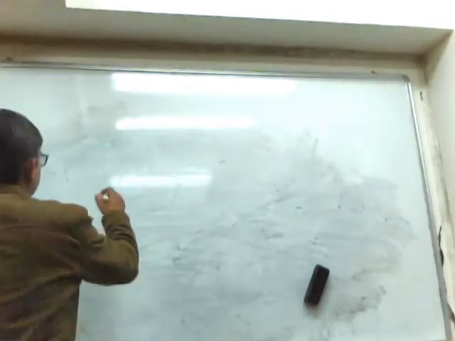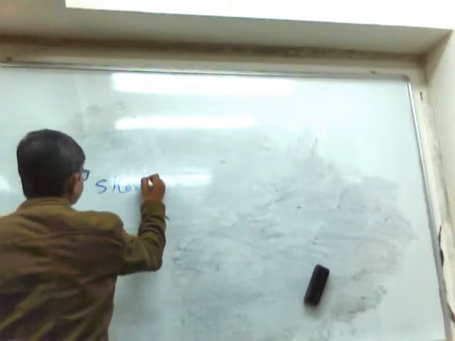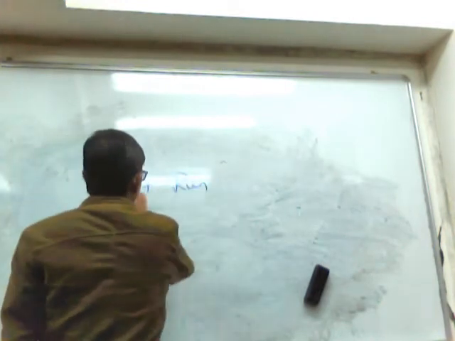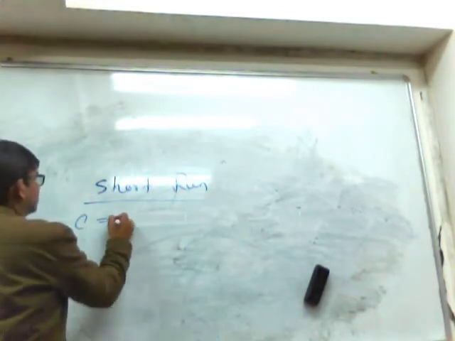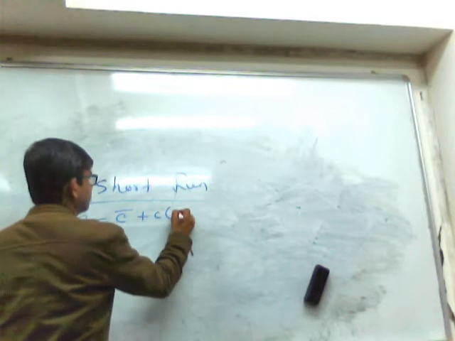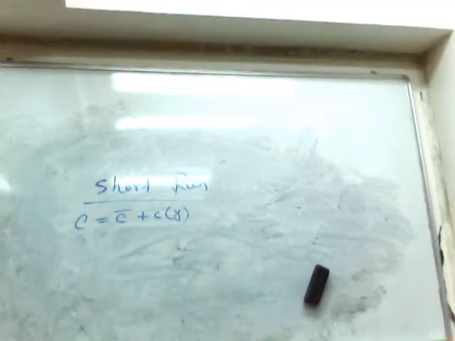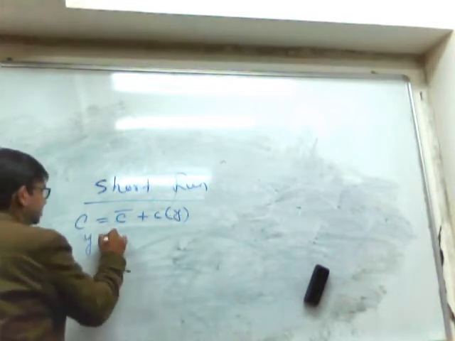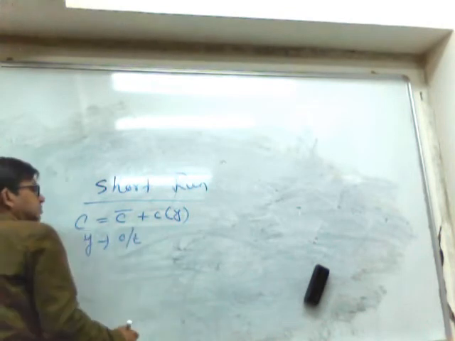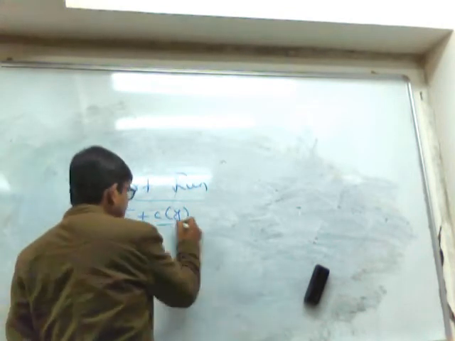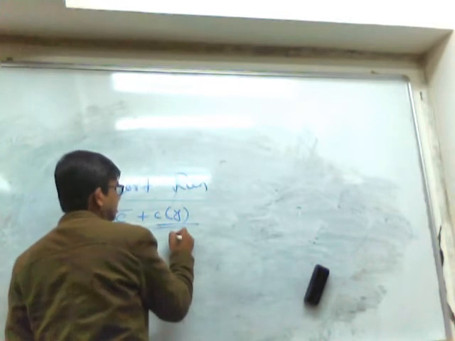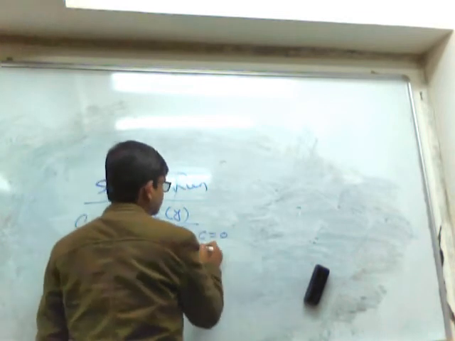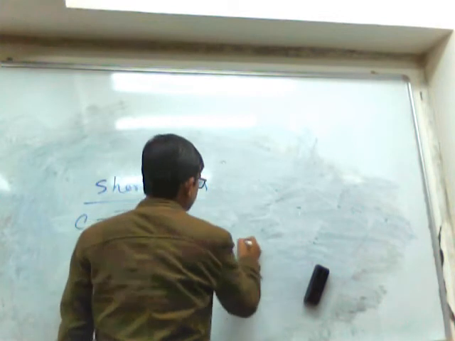In the short run cost function, there are two components of the cost. If we consider the short run, the cost function will be represented as C equals C bar plus Cy. Here small y indicates the level of output, and the property of Cy is that if y equals 0, Cy equals 0.